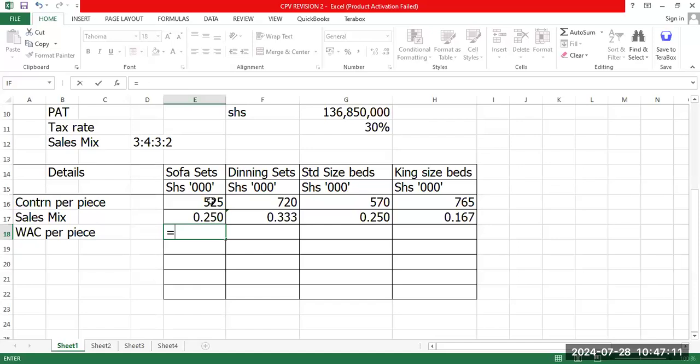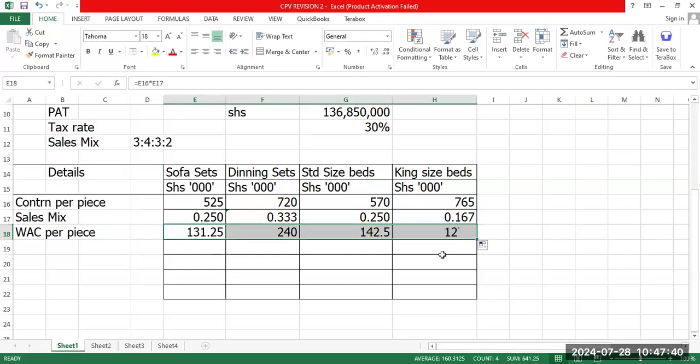So I get this figure, I multiply by this one. Then also here, I get this figure, I multiply by this one. You do the same for all. You get this unit contribution, you multiply by this. Okay?